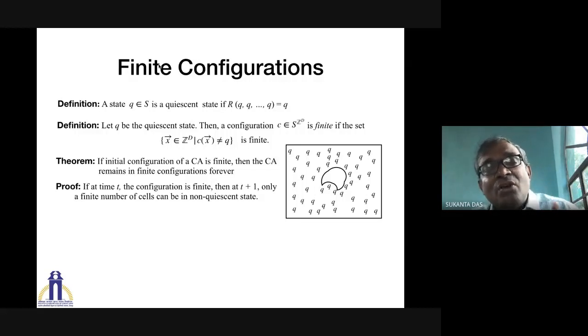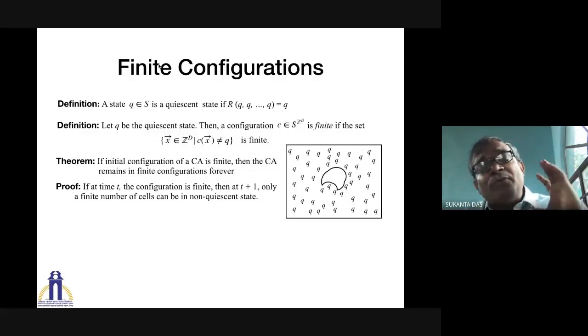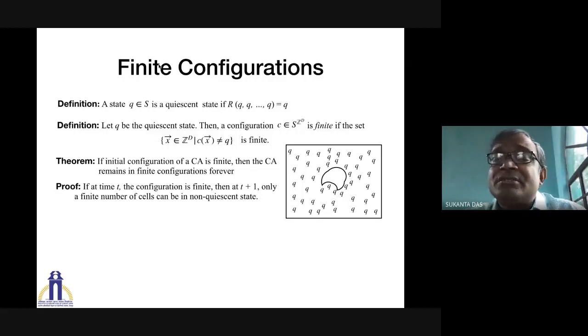Now to go from t to t plus 1, all the cells apply the rule R. Now from the property of the quiescent state, if a cell is in quiescent state and all the neighbors are in quiescent state, they will remain in quiescent state. So the cells where this condition is satisfied will be in quiescent state.